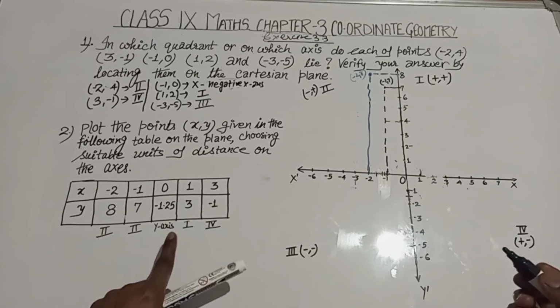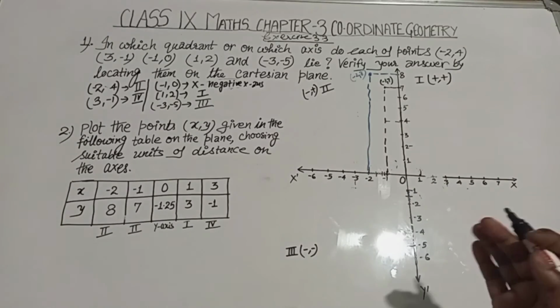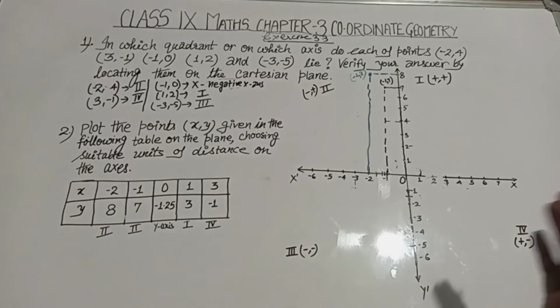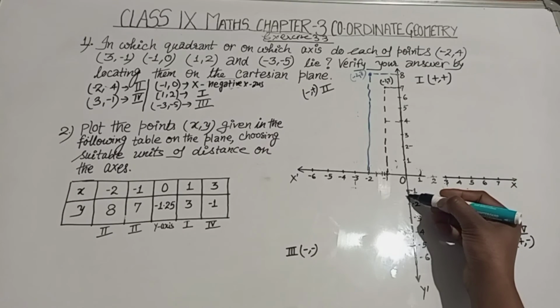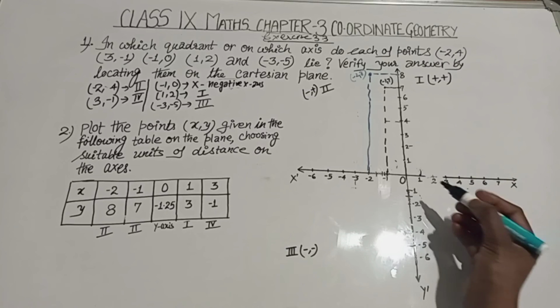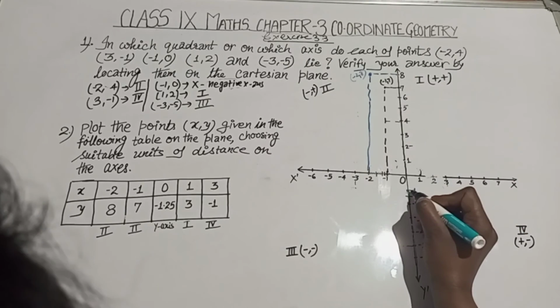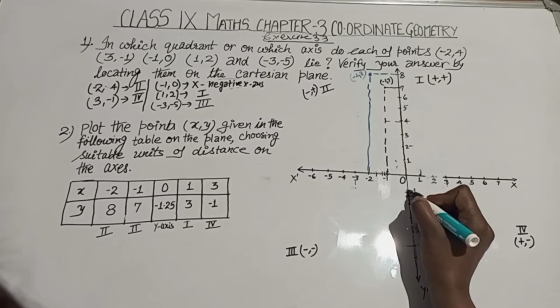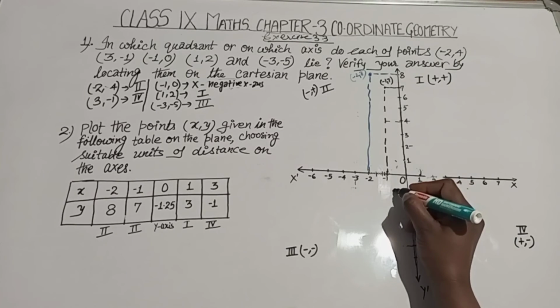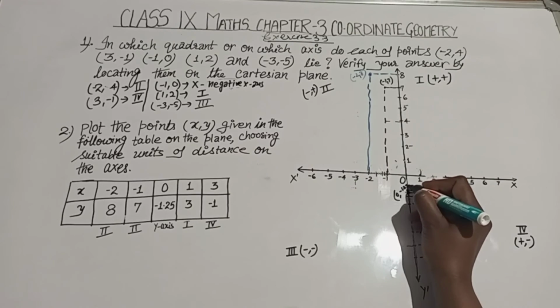So this is 1.5. In between minus 1 and minus 2 is 1.5, and anything in between is called this, so this is 0, minus 1.25.